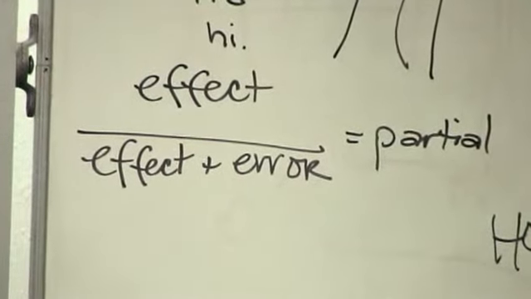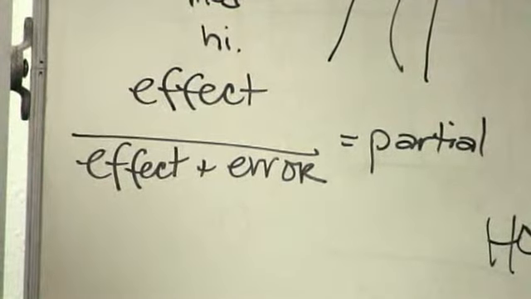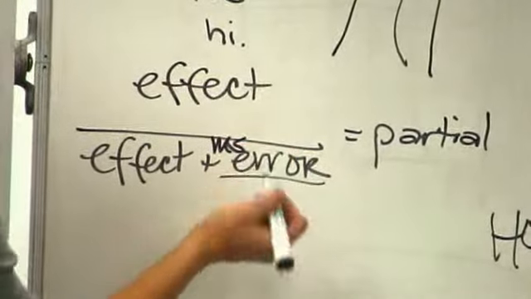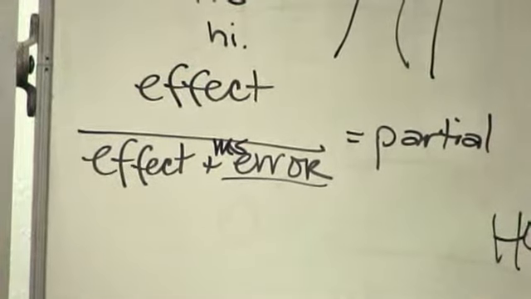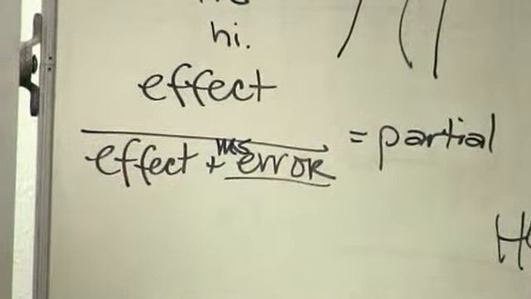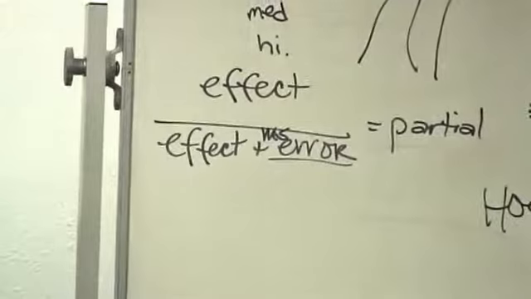And the partial just includes the specific effect plus the error. And that's the mean square error, which is the within group variance, so the individual differences. Does that make sense?